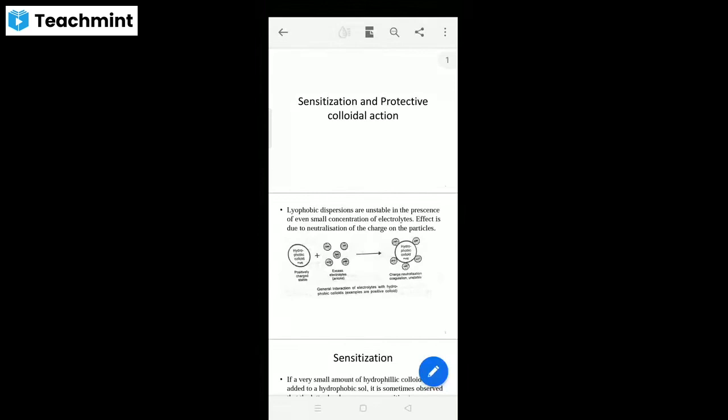Somehow, lyophobic colloid gets its stability with the help of surface active agent, surfactant.